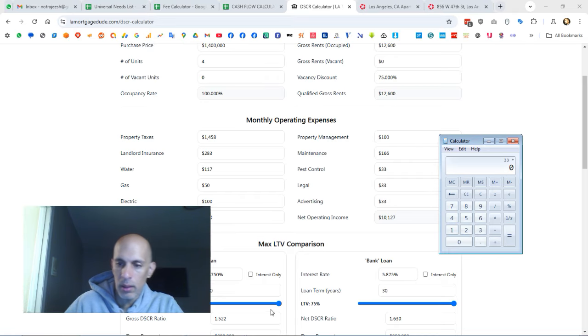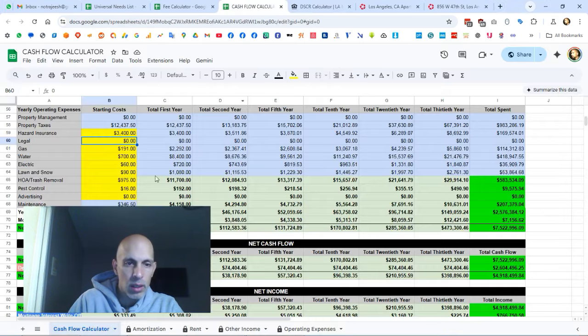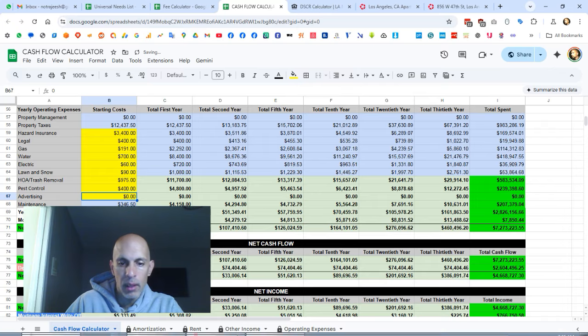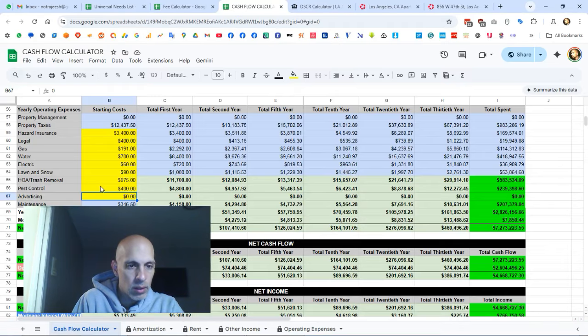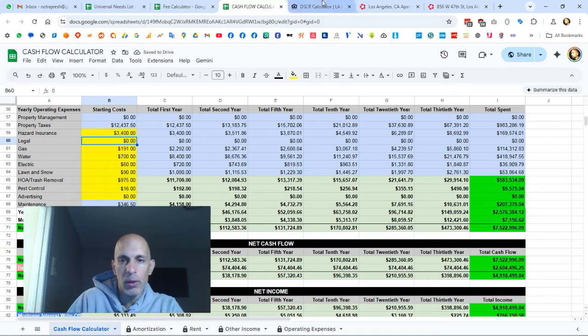Or 33.33 times 12, that's 400 a year. So we're saying 400 for pest control. What are we saying for trash? Trash is 1,200 a year. No, these are all monthly based, so I got to go with these 33.